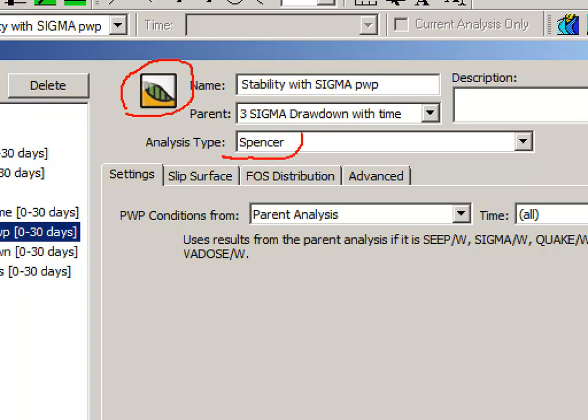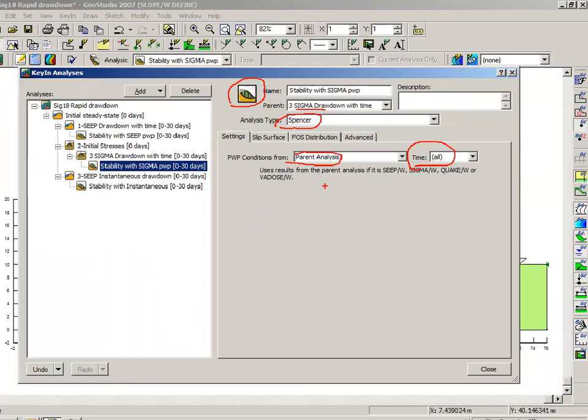We're going to use a Spencer type of analysis, but we are going to get our pore water pressures from our parent, and our parent is the coupled drawdown analysis. Under time, we have selected all. By selecting all, we get the change in factor of safety with time.